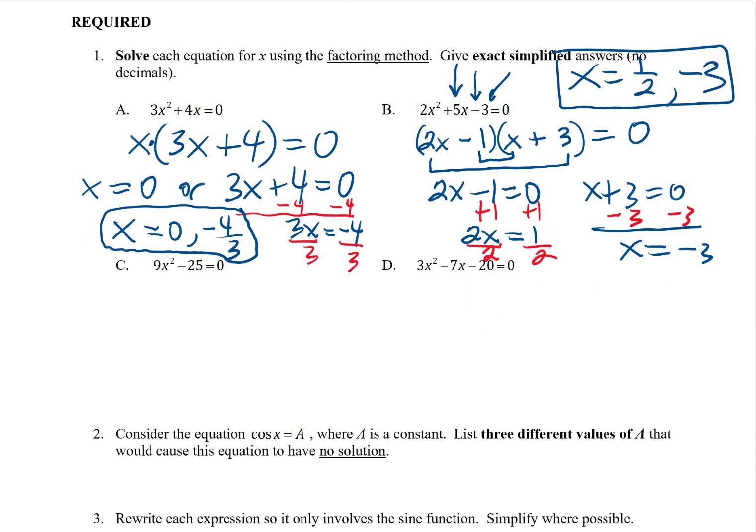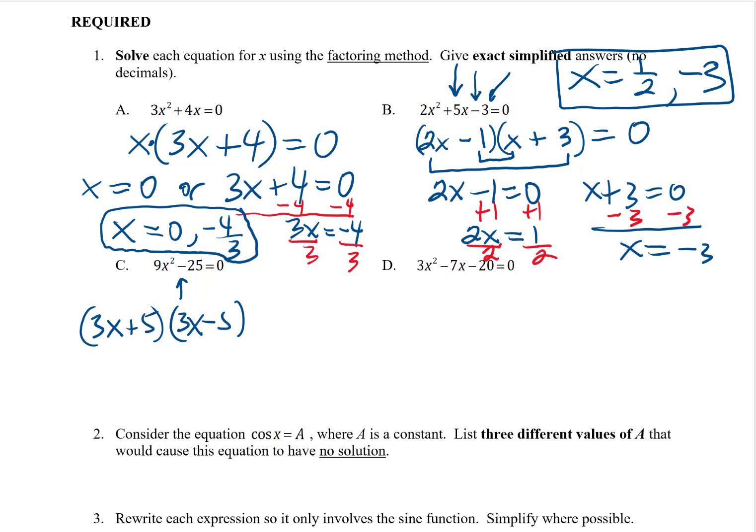Part C, same idea. So I look at the left side. There's no GCF. There's not three terms, but there are two terms. And what I see is a minus sign in the middle and then two perfect squares. 9x squared is 3x times 3x, and 25 is 5 times 5. This is a difference of squares, so it factors in that a plus b, a minus b pattern.